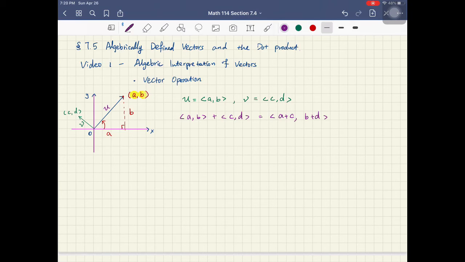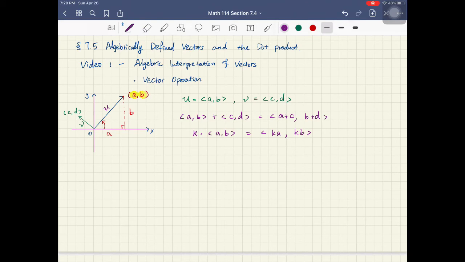If I want to multiply a vector by a scalar, here I'm using k as a symbol for a scalar, and I'm going to multiply it to the vector a, b. I simply multiply the k to both a and b. So I get k times a, comma k times b as my new vector.